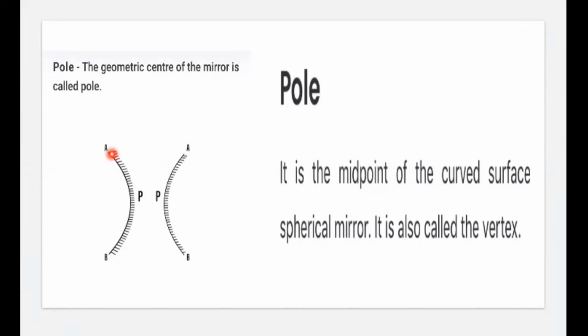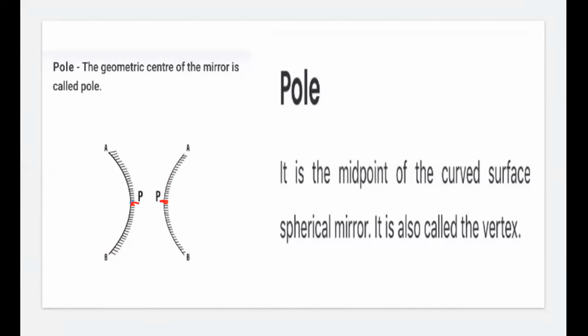Now here, students, you can see a concave mirror. Here you can see a convex mirror. If you locate the exact midpoint of both of them, the exact midpoint would serve as the pole. You can also say the geometric center of the mirror is called a pole.